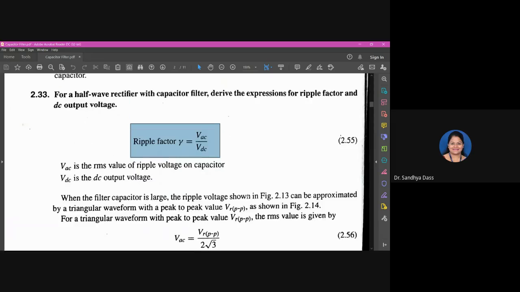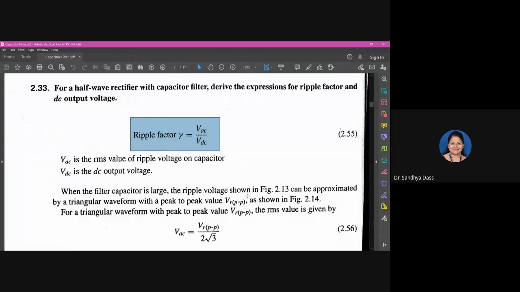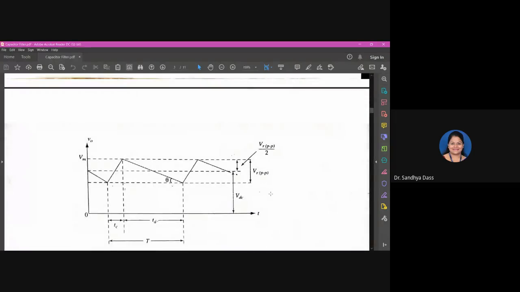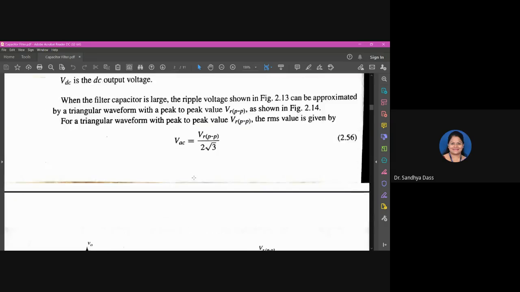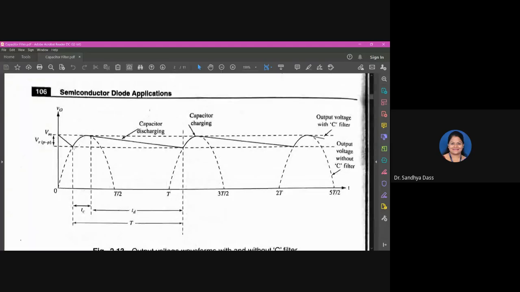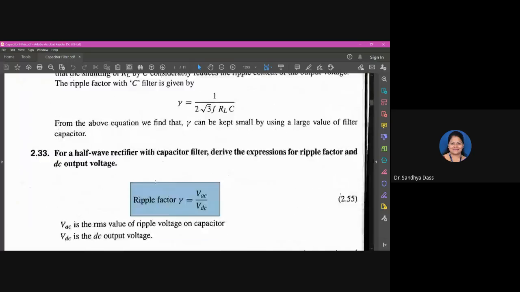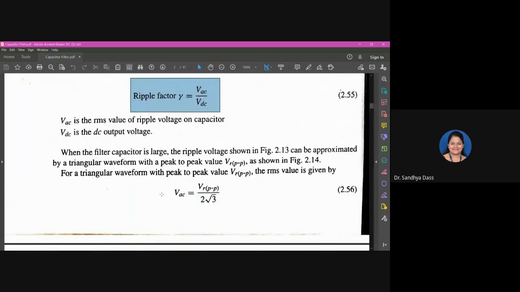Now, if we consider this output in the presence of the capacitor filter to be a triangular waveform, as shown in the figure, then the RMS value can be given by VRPP by 2√3.